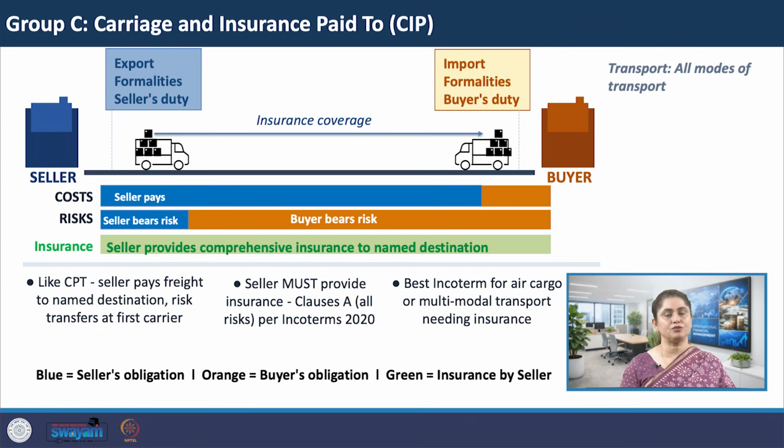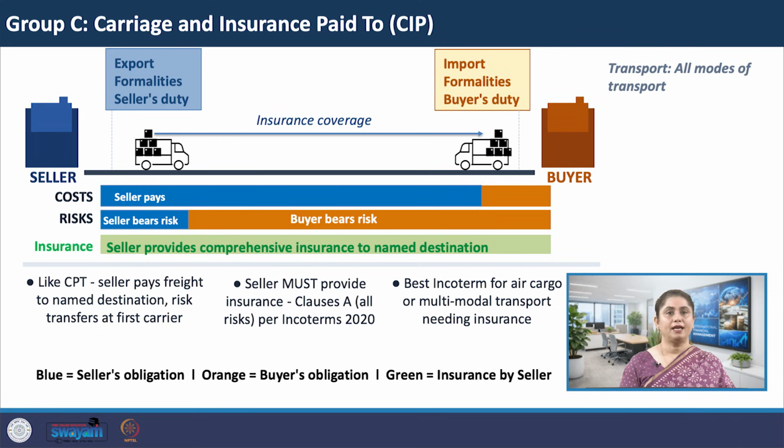The diagram shows the same split pattern as CPT. The cost bar is almost entirely blue. Seller pays the freight to the destination. Risk bar splits early. Buyer bears risk from the first carrier, and now there is an additional green bar for insurance.